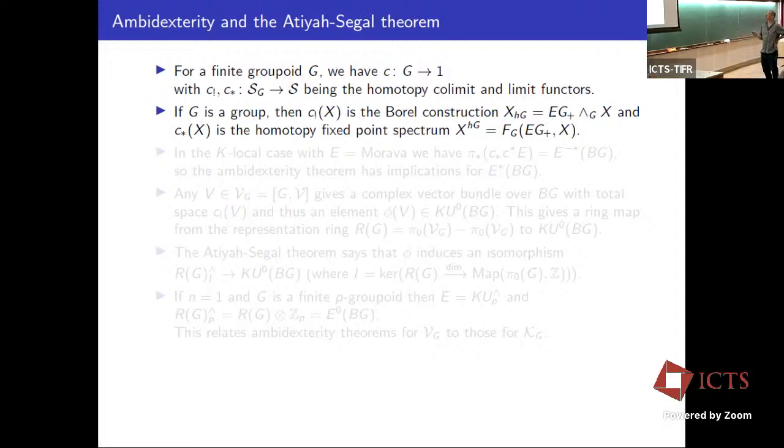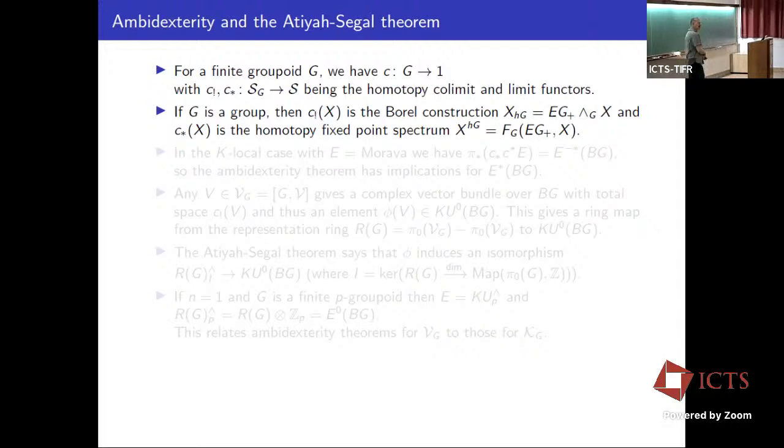Okay, so then your left adjoint C lower shriek X is what's known as the Borel construction. In this case G is a group, X is a functor from G to spaces, but that's the same thing as a space with an action of G. And so we can take EG plus. EG, remember, is the universal space.